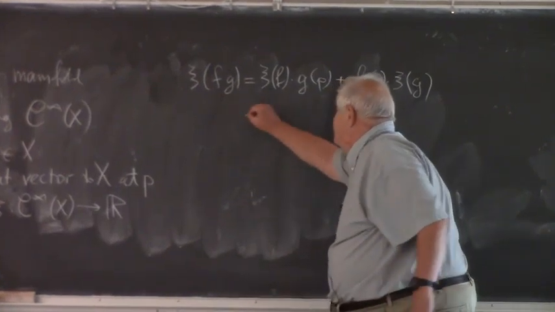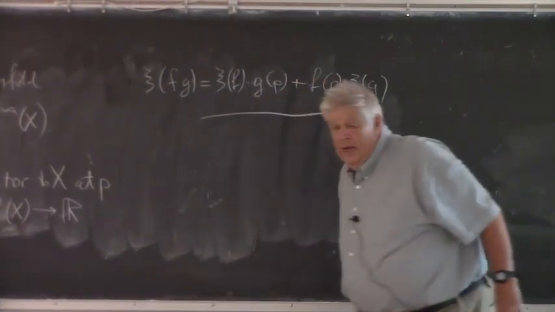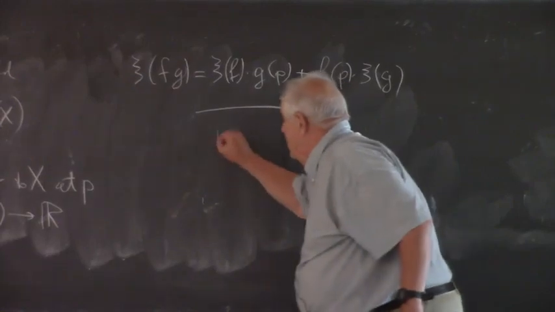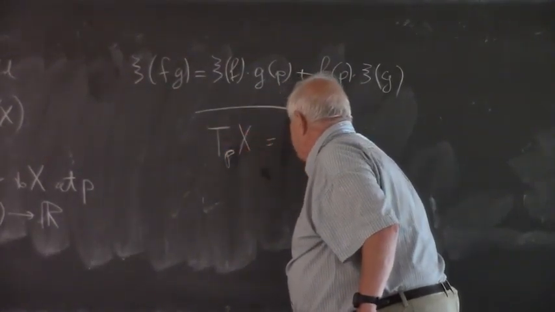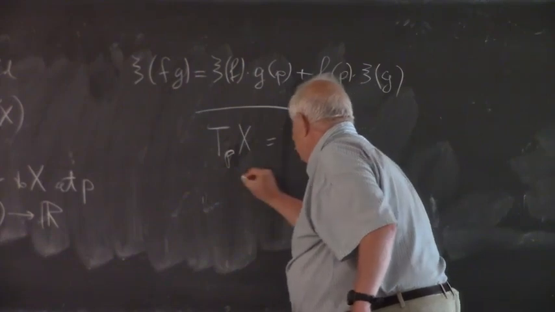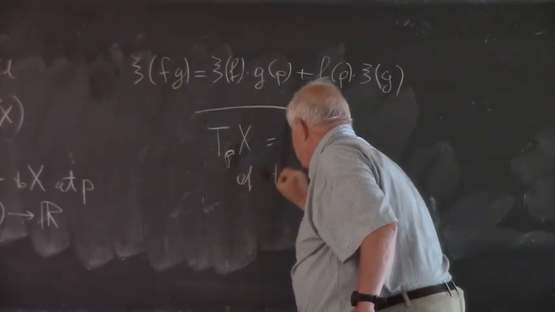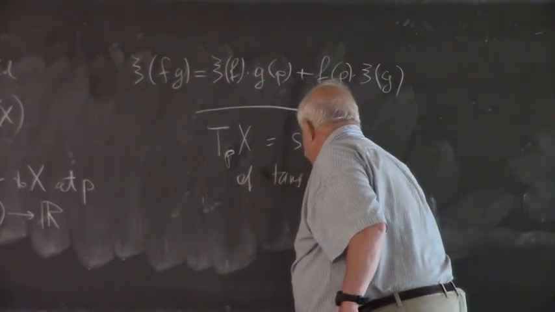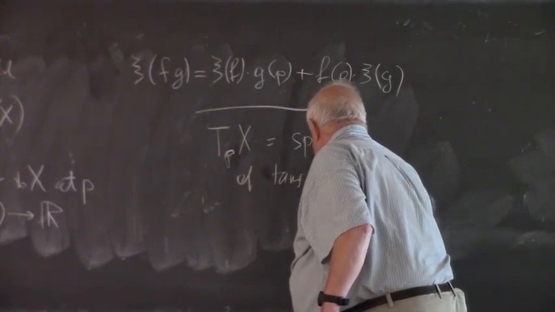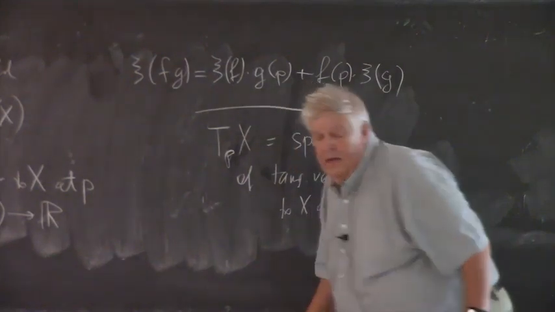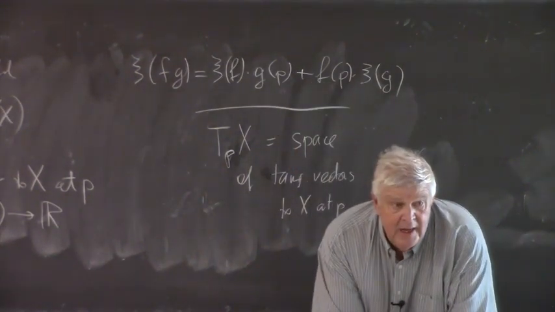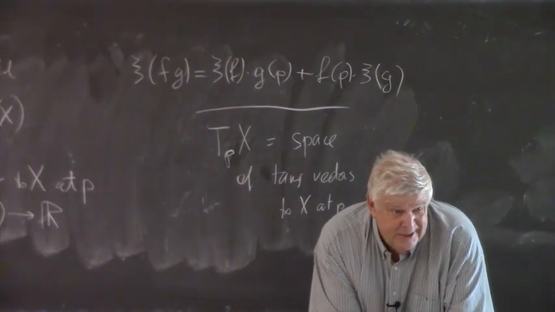Now, T sub p of X is the space of all tangent vectors to X at p. It is very clear that this is a vector space.